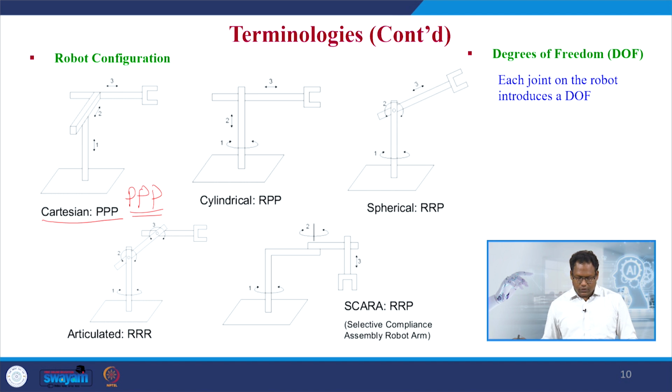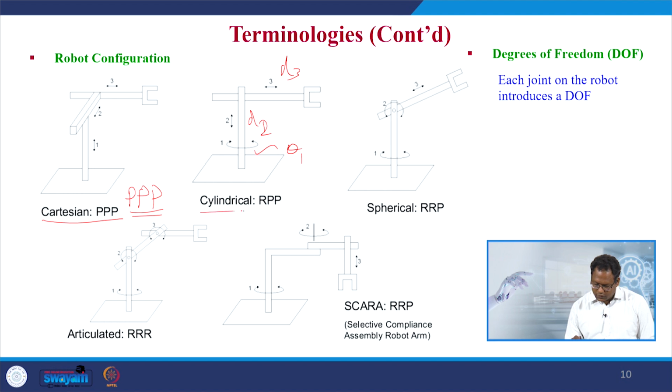Similarly, for the cylindrical robot, the first joint is a revolute joint, joint variable theta. The second joint is a prismatic joint, D2, theta 1, D2, and the third joint is D3. And hence, the configuration of the cylindrical robotic system is R, P and P.